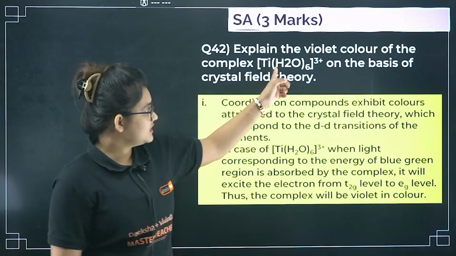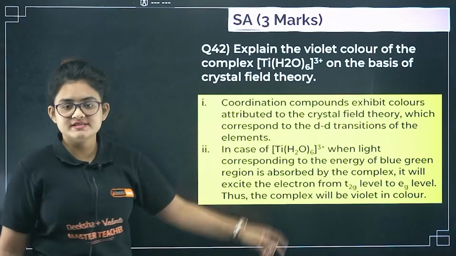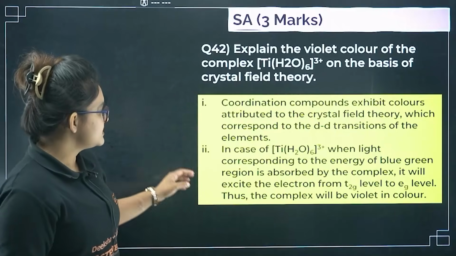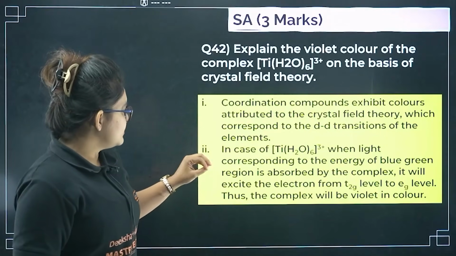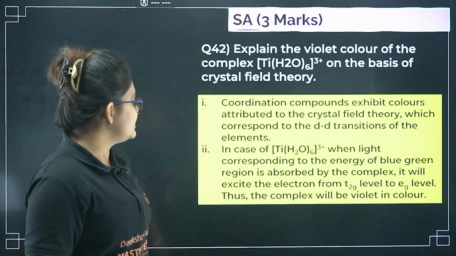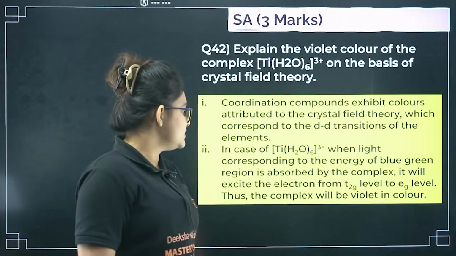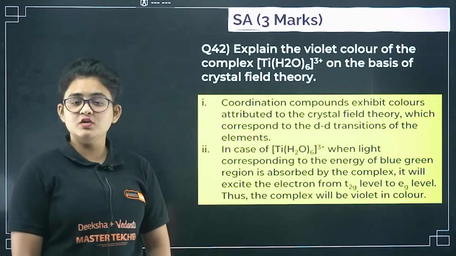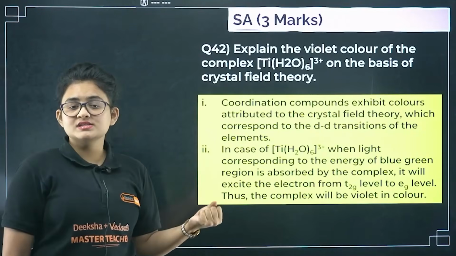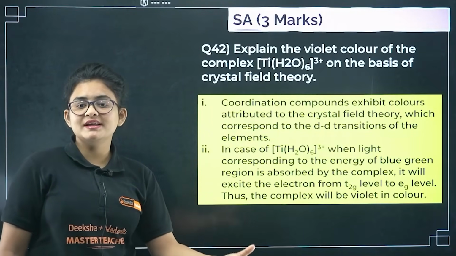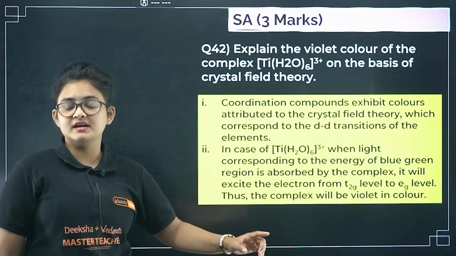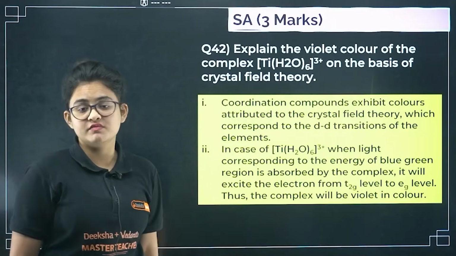For this particular case, Ti(H2O)6, when light corresponding to the energy of the blue-green region is absorbed by the complex, it will excite the electron from the t2g level to the eg level. So if blue light is absorbed, then its complementary color will be released. The complementary color is basically the violet color. That's why you can see violet color from outside.